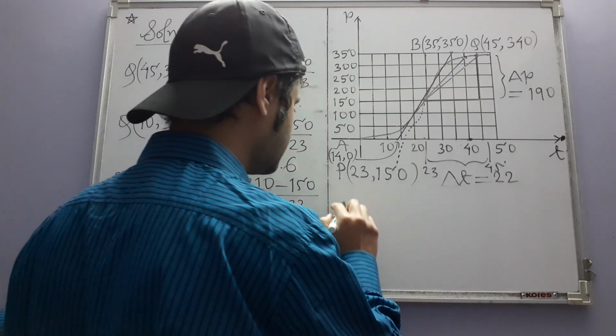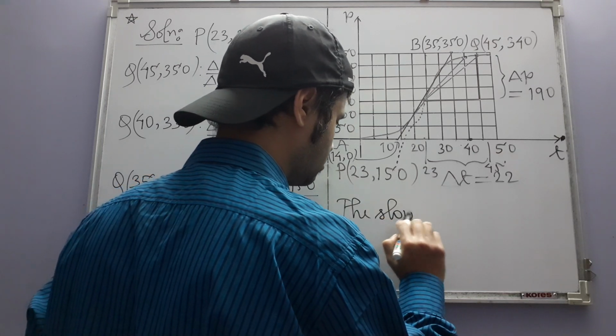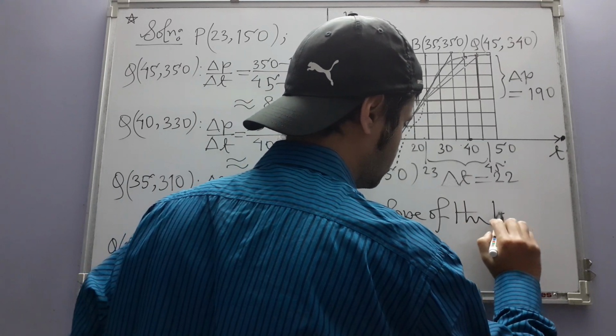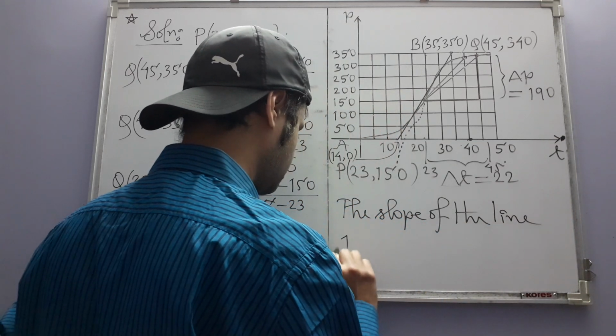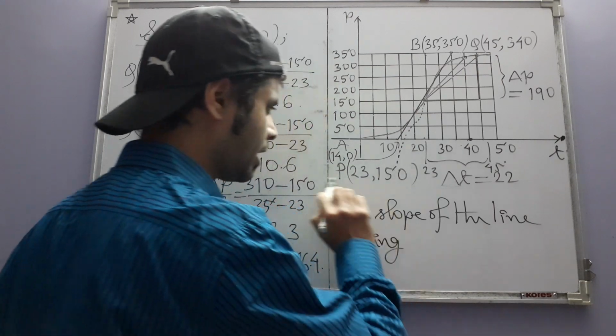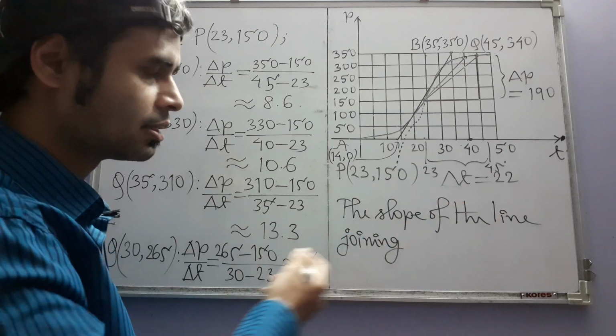So the thing here is that the slope of the line, I mean I do not want to write that part where we say that these values are approaching the slope of the tangent.